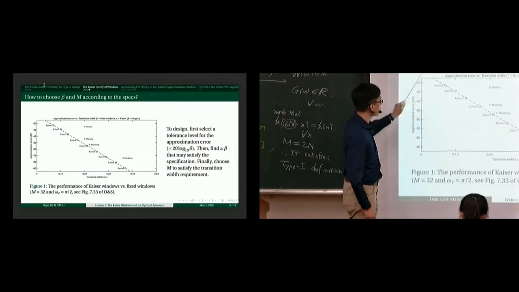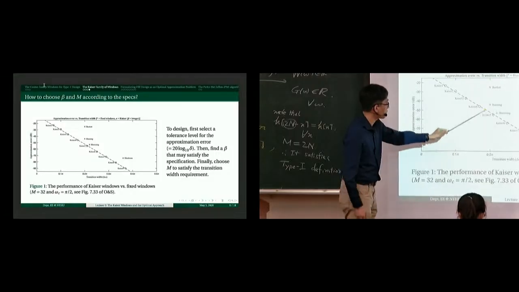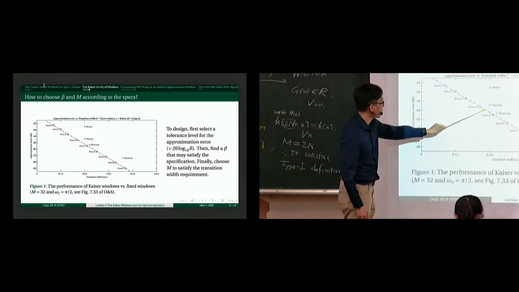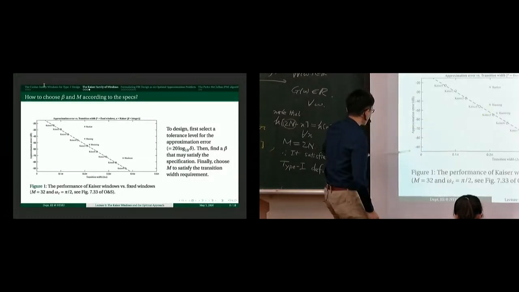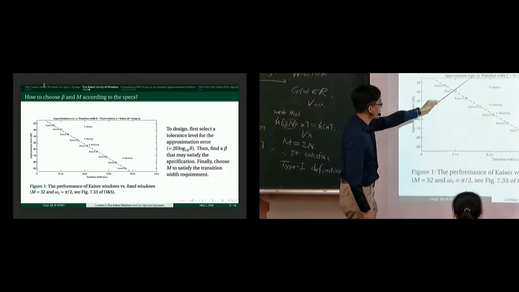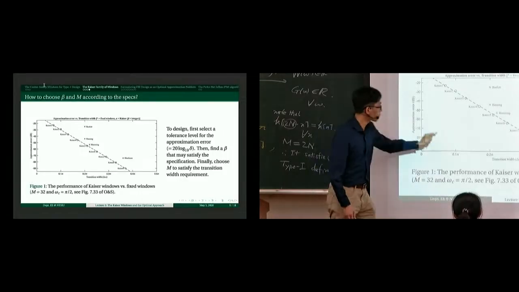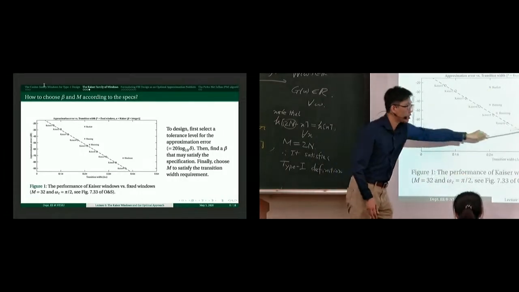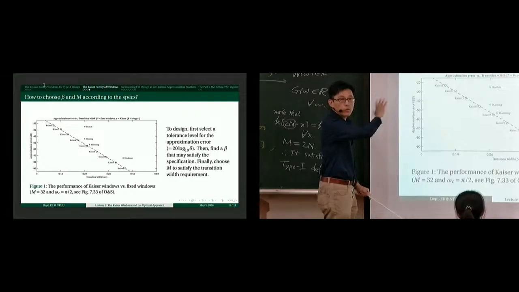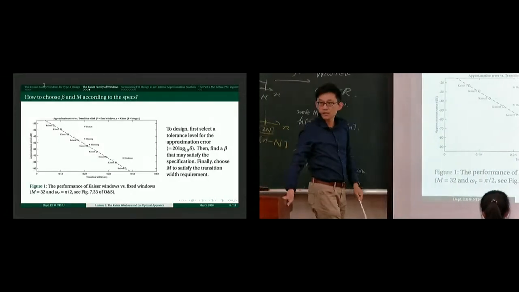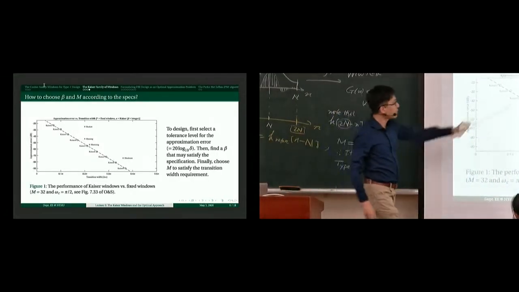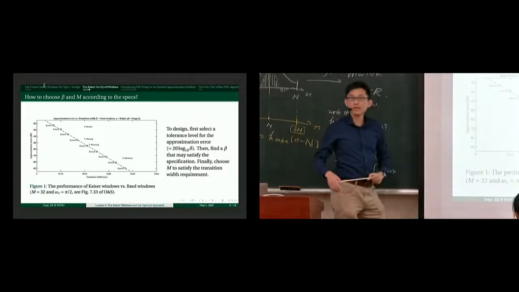Okay, so therefore, among this family, you can find a window that outperforms the Hann window in terms of both the approximation error and the transition width. Therefore, this straight line outperforms all four dots that lie on the upper right half of the plane. The cosine family is outperformed by Kaiser.